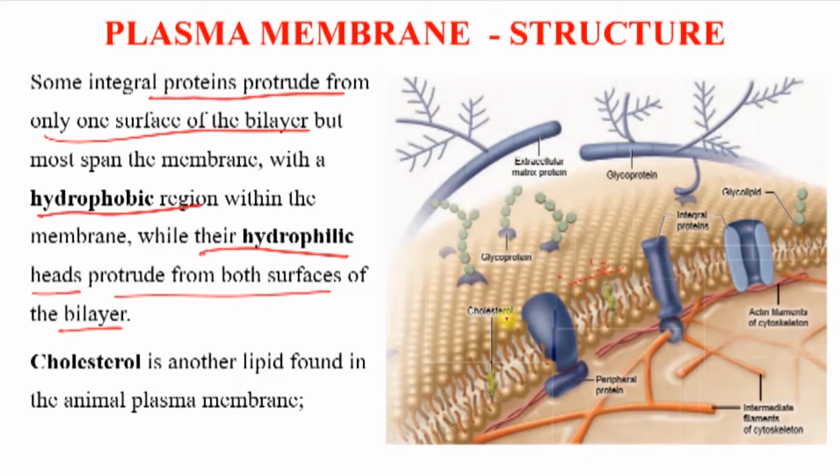Now, cholesterol is another lipid found in the animal plasma membrane. And over here, we'll talk about making the membrane very flexible, coping with low temperatures and high temperatures, such that the plasma membrane is able to perform its function.